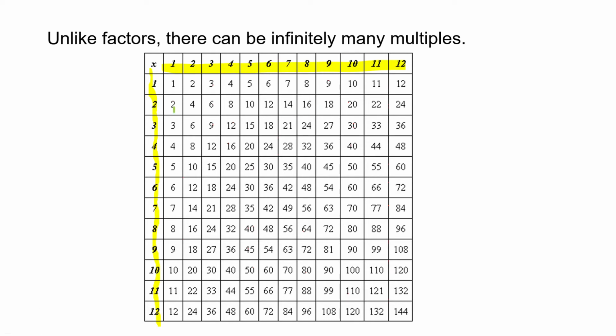So the multiples of 2 will be this. Multiples of 5 will be this. You can see it, right? And as you can see, multiples can extend infinitely, but the factors cannot.